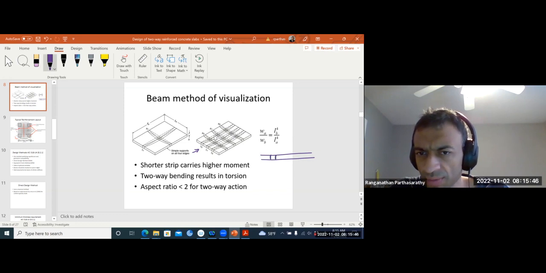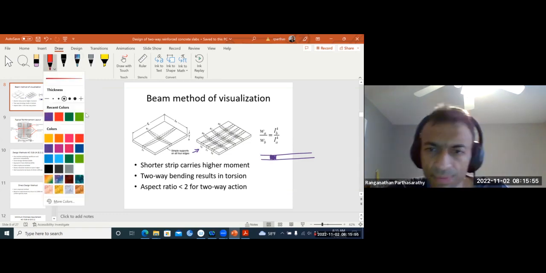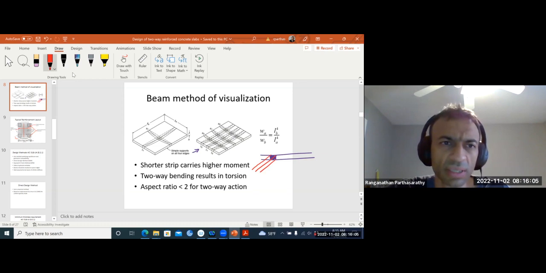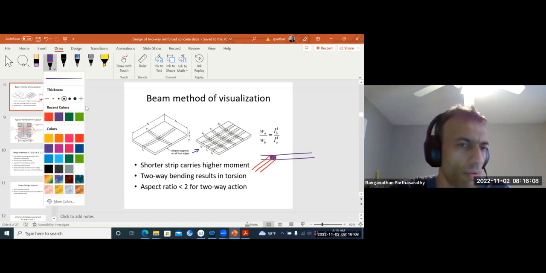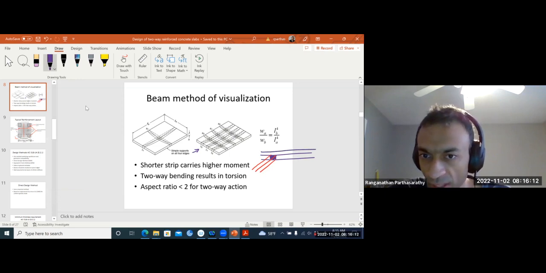Now take this section, and L2 is of course passing through like that, right? Now just take this block.